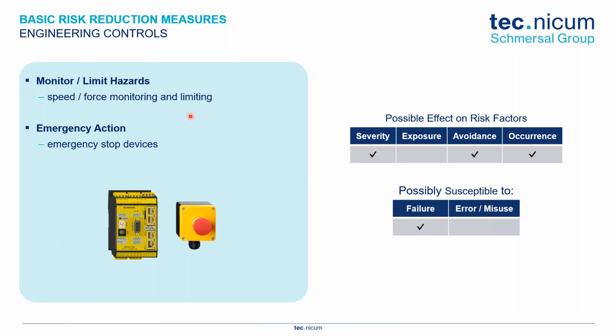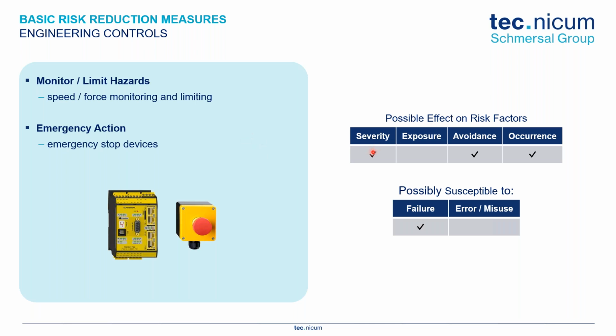Because we are monitoring, possibly limiting the speeds and forces of these hazardous speeds and hazardous forces, because we are eliminating this hazard energy by the use of an emergency action, we now see from NTP 11.0, you know what?